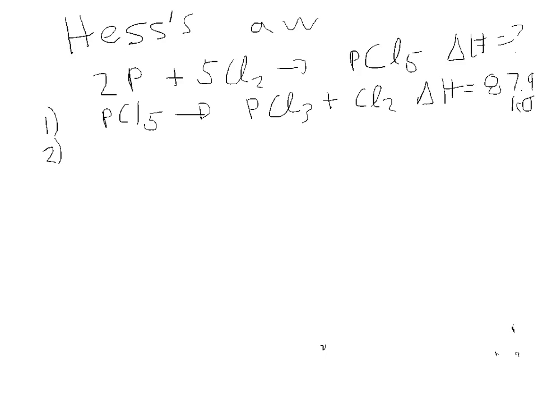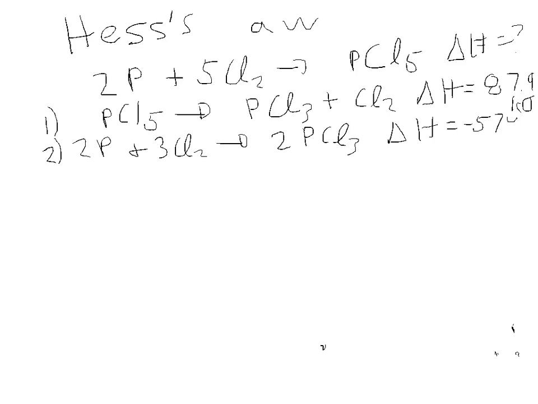And in the second equation, 2 moles of P plus 3 moles of chlorine react to make 2 moles of PCl3. The energy for this reaction is negative 574 kilojoules per mole as well.